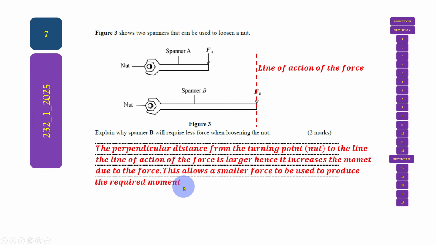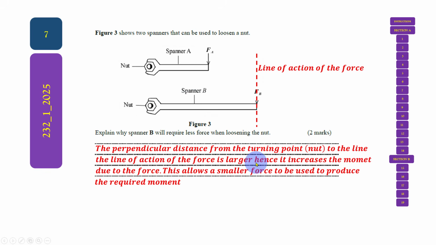All right? So a possible answer would read like this: the perpendicular distance from the turning point or the nut to the line of action of the force. This is the line of action of the force, okay? And this is the perpendicular distance from that point all the way to the line of action of the force.